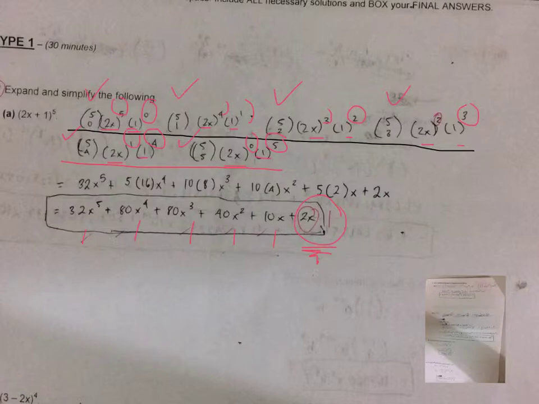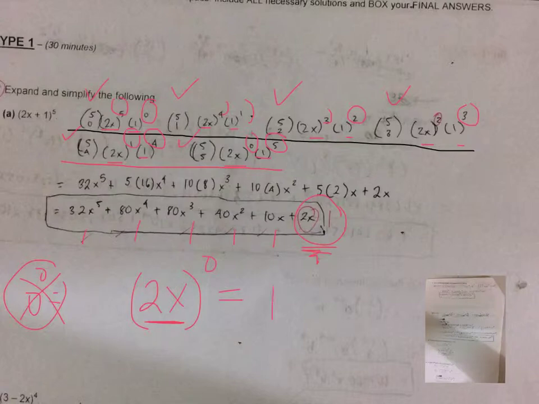When you raise any expression to 0, provided that it is not 0, because 0 to the 0 cannot be determined, the value is always equal to 1. So your mistake was saying that 2x to the 0 is equal to 2x. But 2x is equal to 2x to the 1, so they're not the same.